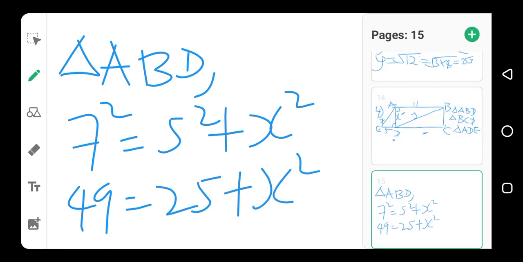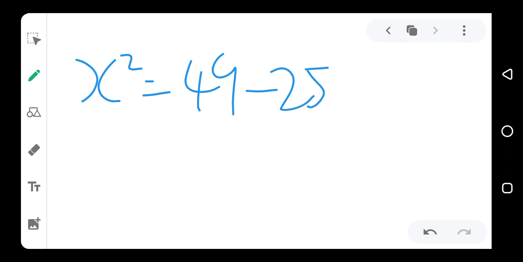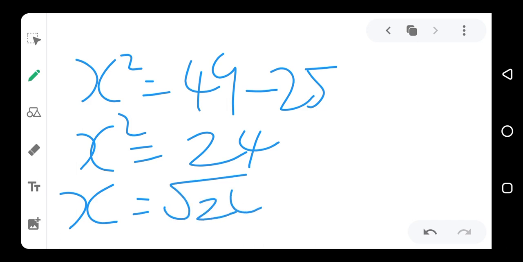Now it means that x squared is equal to 49 minus 25, and we are now going to have that x squared is equal to 24, and x is equal to root 24.